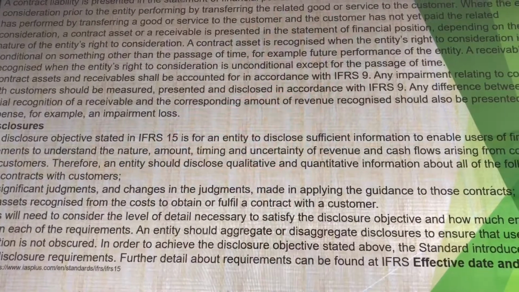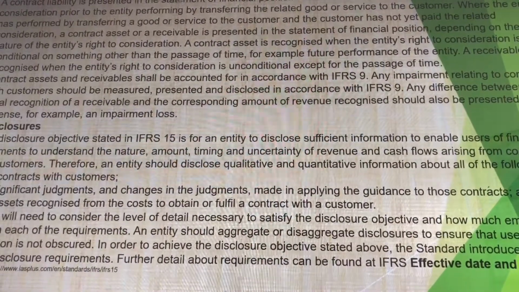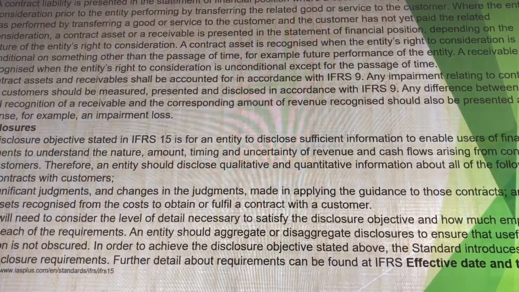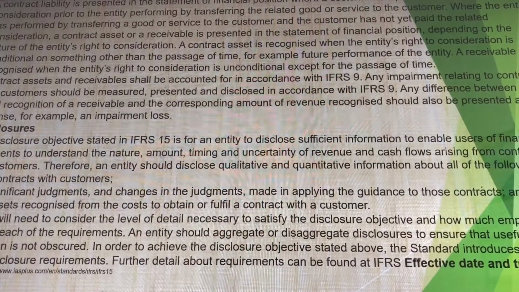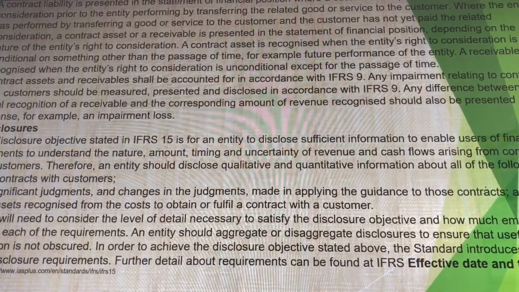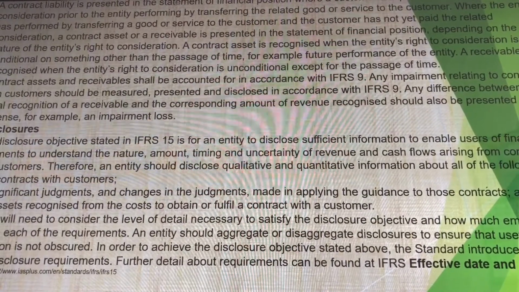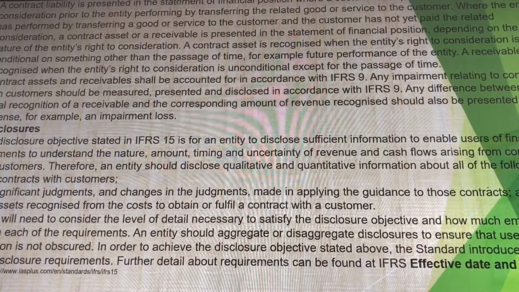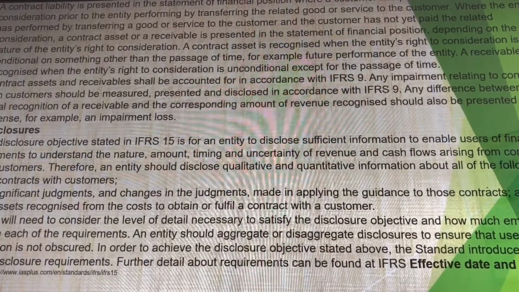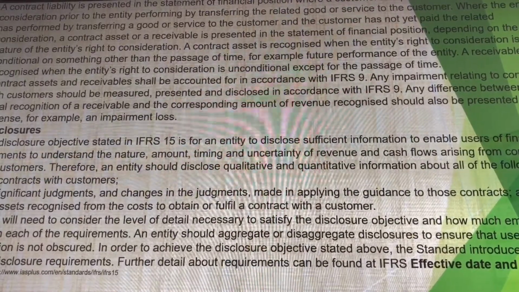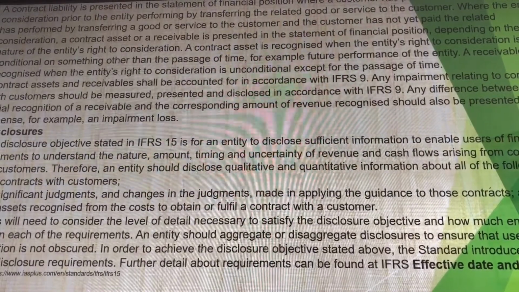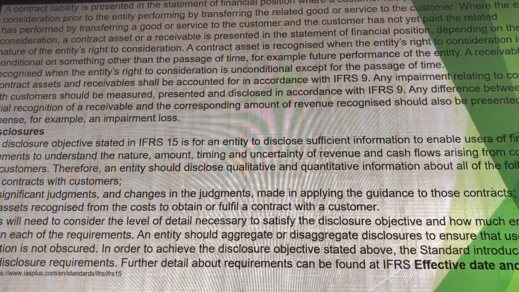A contract liability is presented in the statement of financial position where a customer has paid an amount of consideration prior to the entity performing by transferring the related goods or services to the customer. Where the entity has performed by transferring goods or services to the customer, but the customer has not yet paid, a contract asset or receivable is presented in the statement of financial position depending on the nature of the entity's right to consideration.